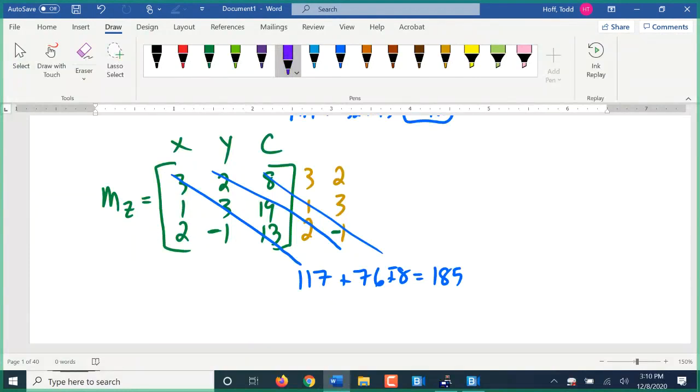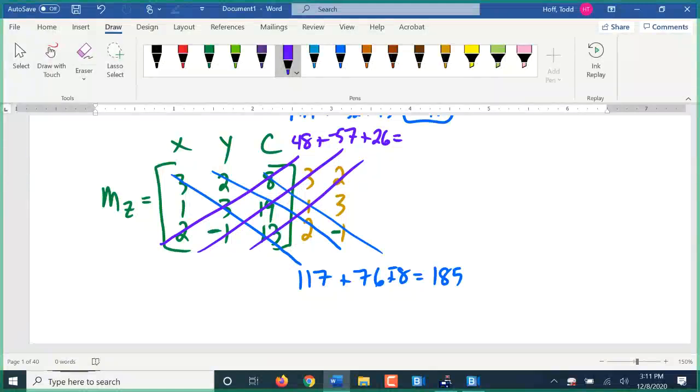Our up diagonals. 2 times 3 times 8 is 48. Plus -1 times 19 times 3 is -57. Plus 13 times 1 times 2 is 26.